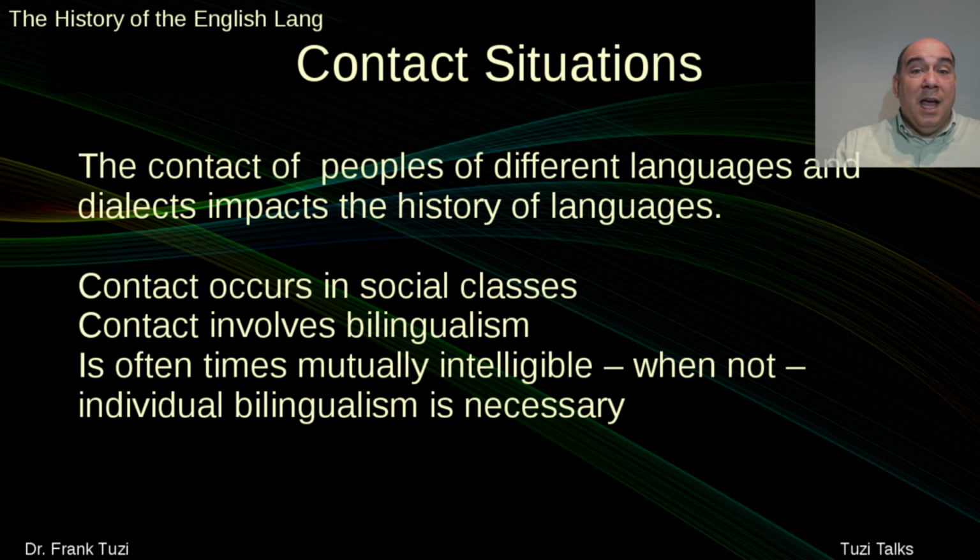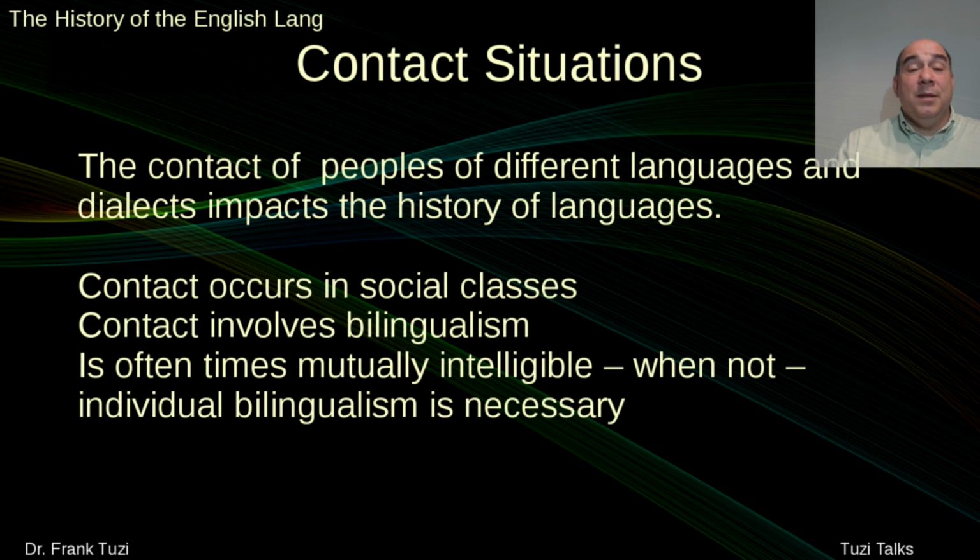Things like English and French, however, don't have a lot of similarity, especially at this time, and so they're going to need somebody who's actually bilingual. When the languages are very disparate, very separate, you're going to need somebody who can understand both languages.